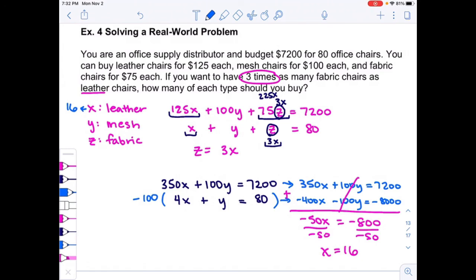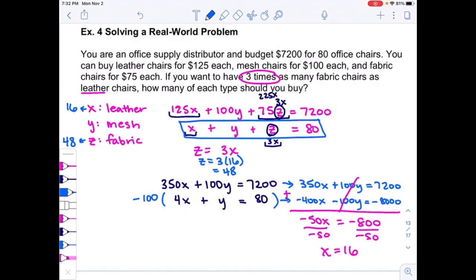If X is equal to 16, we know that Z was equal to 3 times X, so we'd have 3 times 16, which is going to give us 48. That means that our fabric chairs is going to be 48. And if we add all X, Y, and Z together, we get 80.